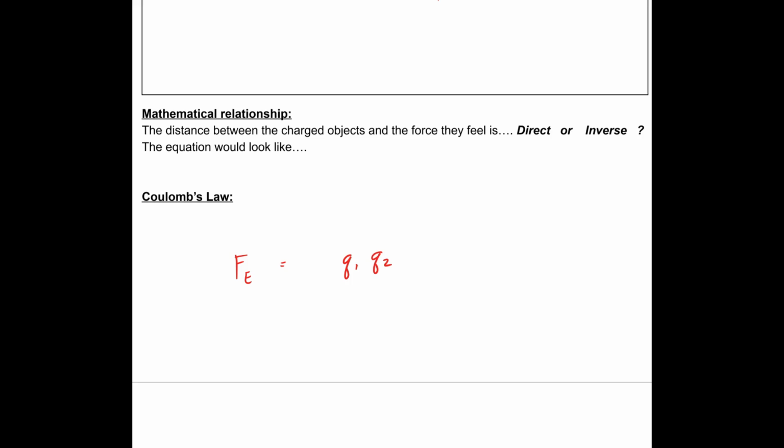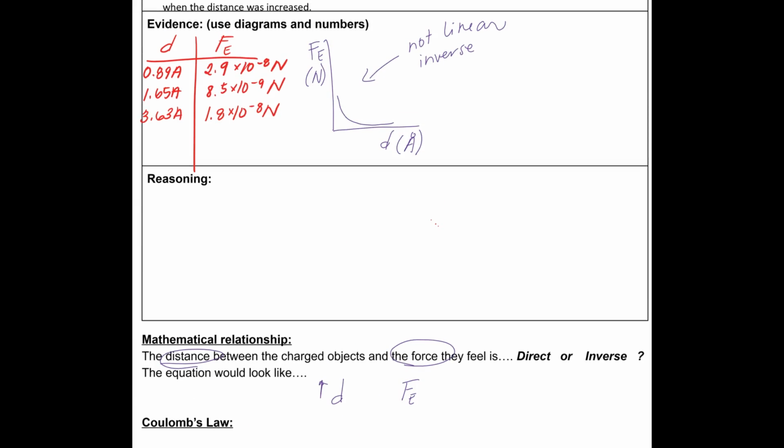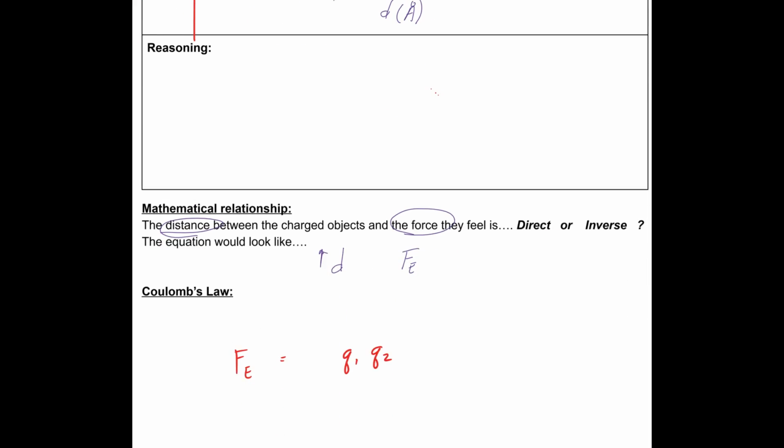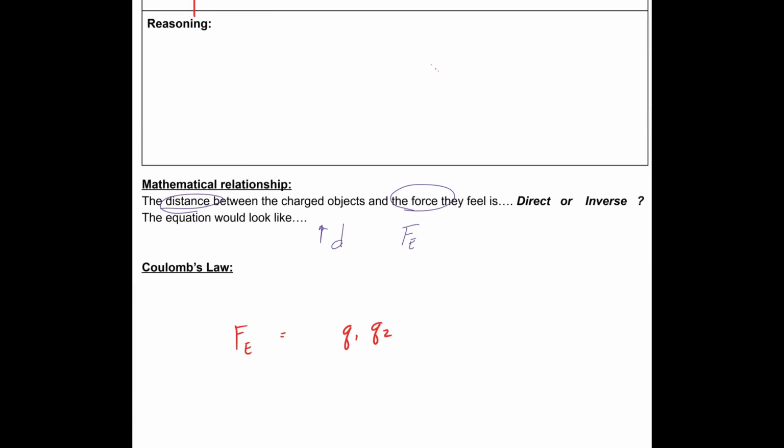Now let's go back to this mathematical relationship. The distance between the charged object and the force. So when we increase the distance, what happened to our electrostatic force? Well, we can see that when the numbers were going up in the distance, the force was going down. So when we increased the distance, the electrostatic force decreased.